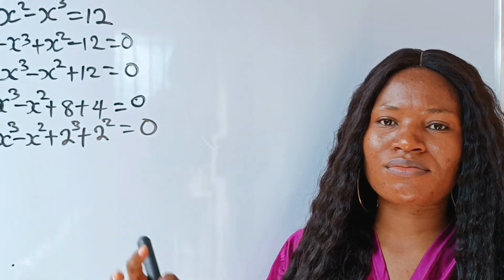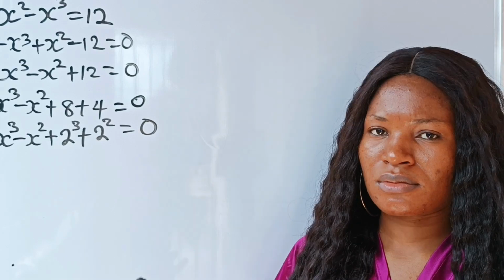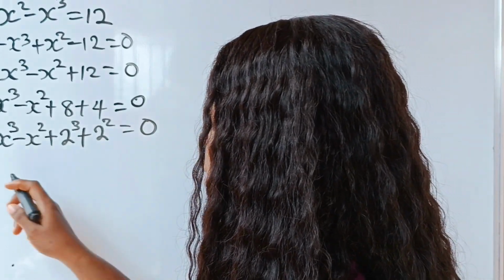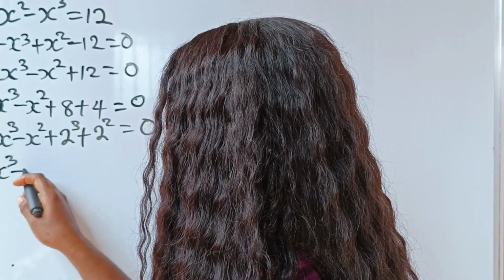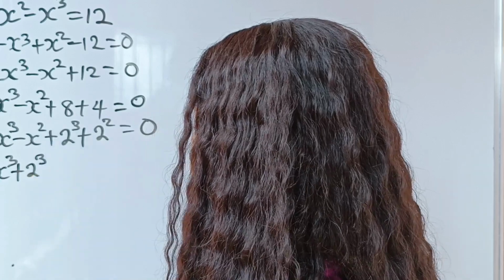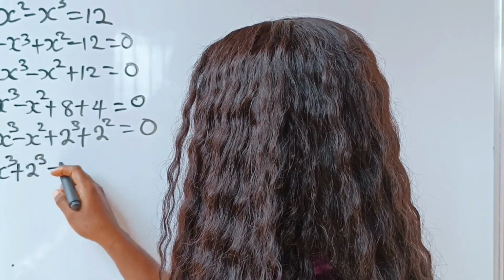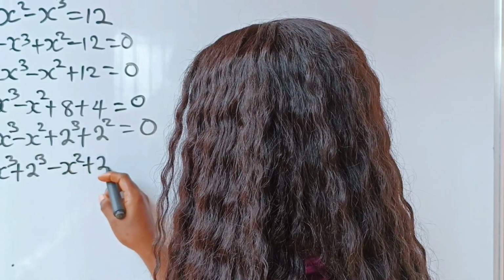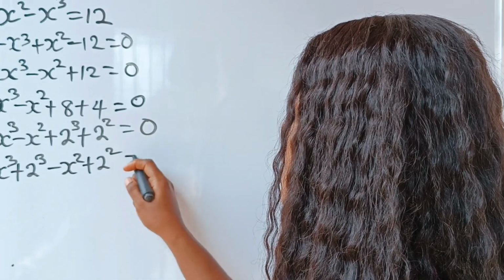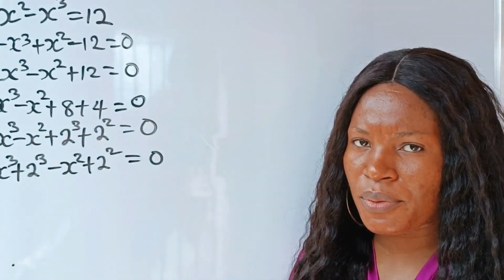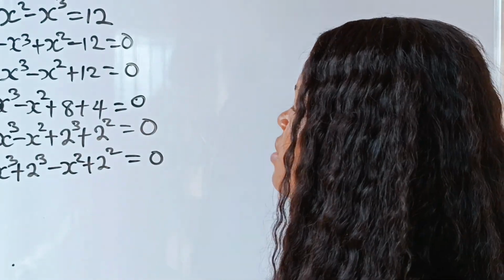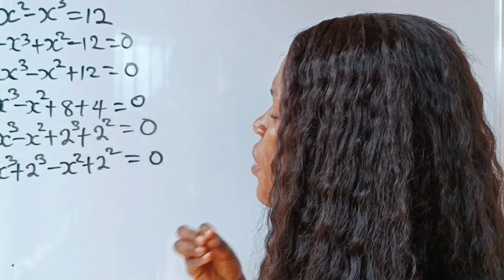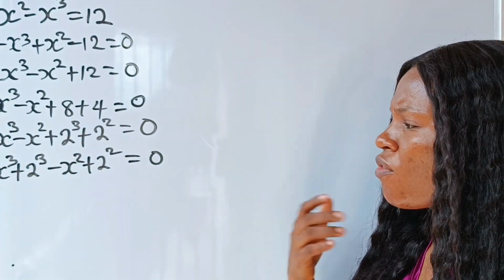Now we are going to collect like terms. So to do that, we are going to have x to the power of 3 plus 2 to the power of 3. Now we have minus x squared plus 2 squared, is equal to 0. Okay, now we have x to the power of 3 plus 2 to the power of 3.